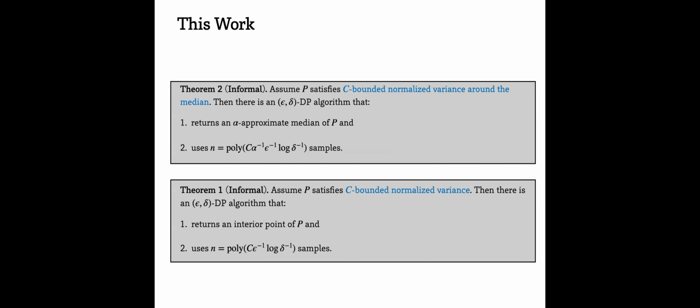But if you assume C-bounded normalized variance on the conditional probability in that region around the median, so the region within plus or minus alpha of the median, then that is enough, even without knowing what that region is a priori. And so under that assumption, the assumption that you have C-boundedness kind of around the median, you can actually solve the alpha approximate median problem with differential privacy and with a small number of samples.